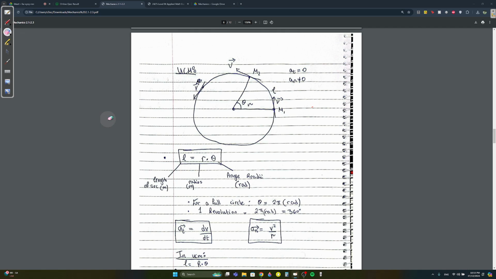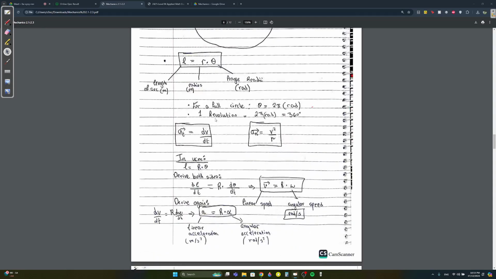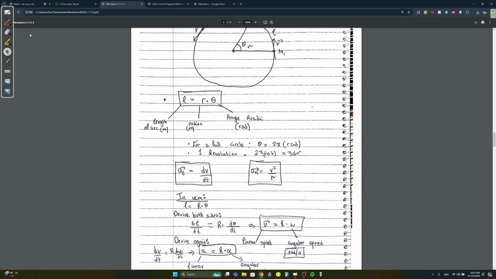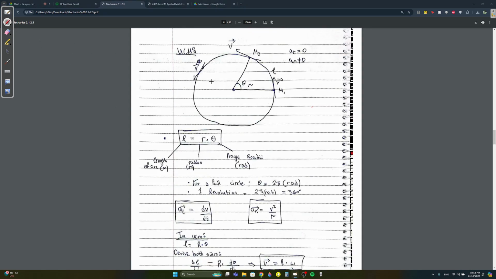First formula. There's a summary of all the formulas at the end, but let me continue. For a full circle, theta is equal to 2 pi rad. When you make a full revolution, the angle you're going to have is 2 pi rad. That's how it is in geometry. In radians, a full circle is 2 pi.